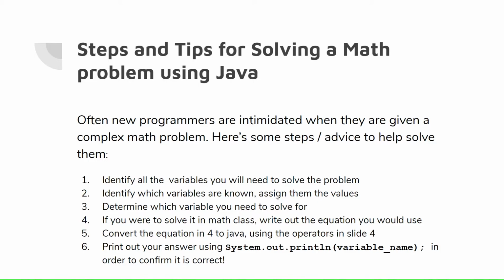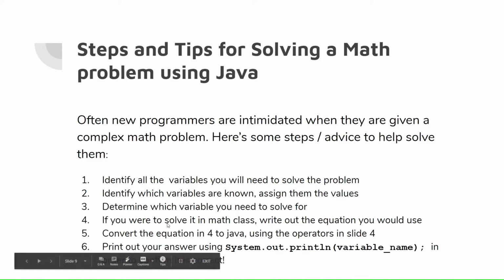And then the next step via code would be to assign them values. Okay? Step 3, once I've done that, I need to figure out which variables I need to solve for. So which variables do I not have values for? And if I'm still stuck at this point, I like to almost put away the code and get out a pencil and paper.